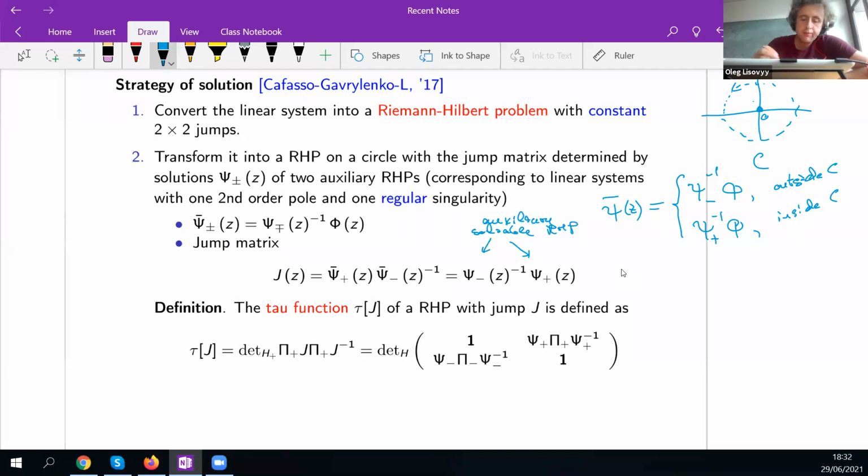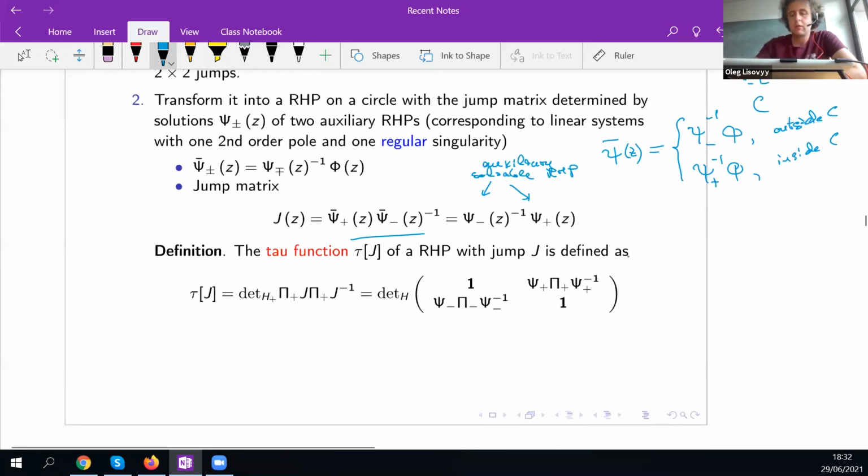And so if we manage to factorize the jump matrix in the other way, like this, we get for free our fundamental solution. But the point I want to make here is that we have converted our original system of linear ODEs into a Riemann-Hilbert problem set on a single circle with a jump matrix which is perfectly analytic in a certain tubular neighborhood of C.